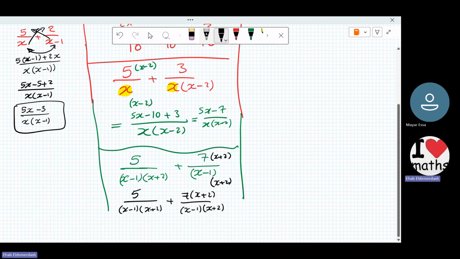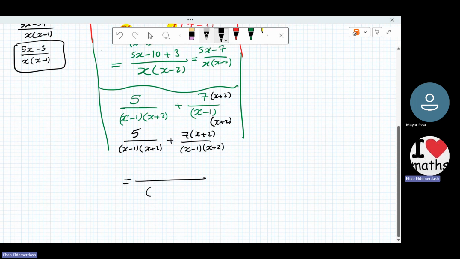Am I clear? When I multiplied by x plus 2, what happened in the denominator? They became the same denominator. If they are the same denominator, what should I do? I keep it as it is. So I write (x minus 1)(x plus 2), and for the numerator I add 5 plus 7 into (x plus 2).